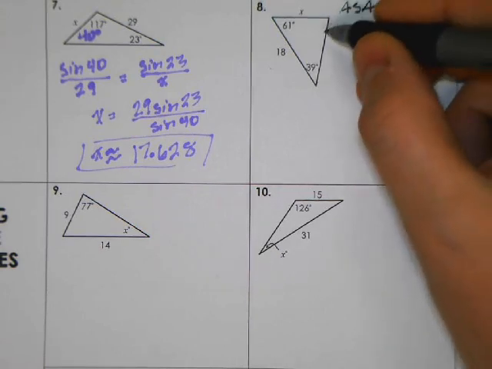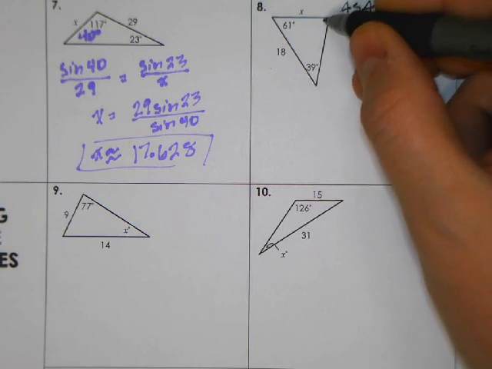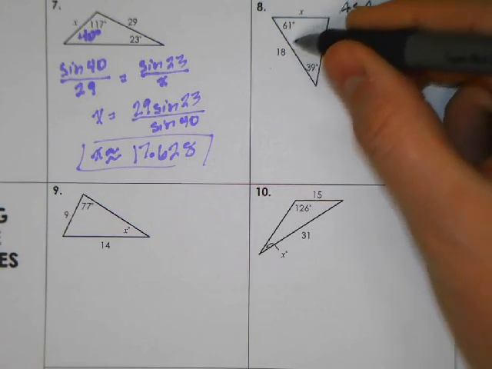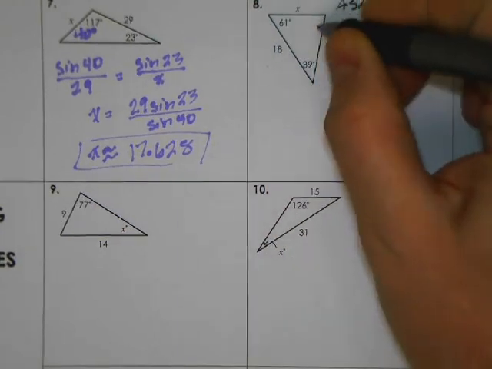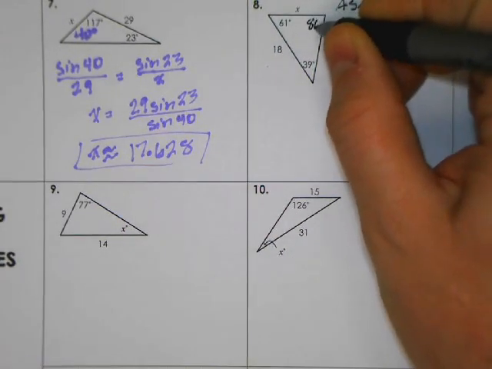But we need to figure out what this angle is here because that's the opposite of the side that they gave us. So again, the triangle sum theorem: take the two given angles and subtract them from 180. And in this case, I'm going to get that third angle to be 80 degrees.